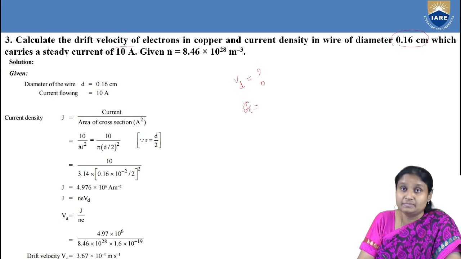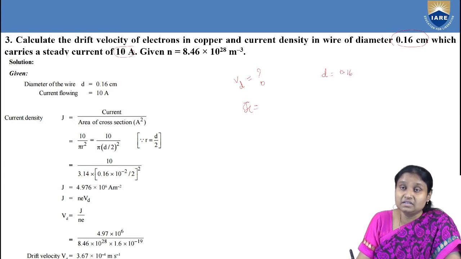It is around 10 amps. So what is the data given? Here the dimension of this particular wire is given, and we were given the value of diameter, which is 0.16 centimeter.